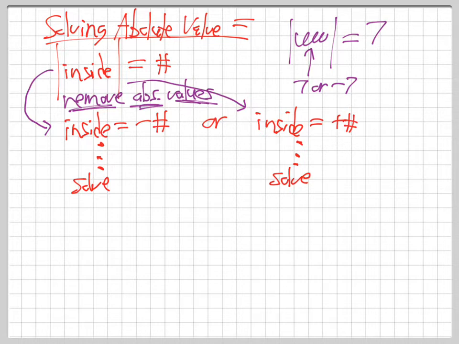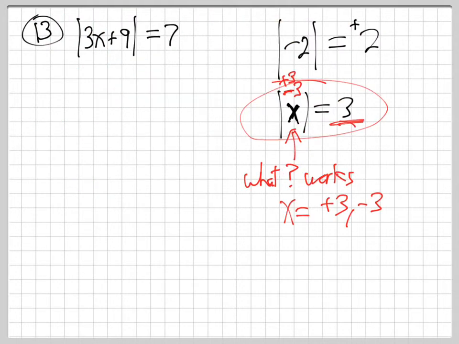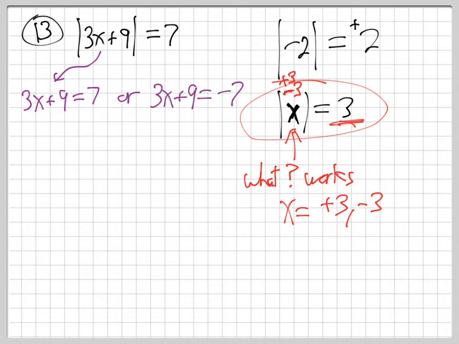We good on that? So it just means that the inside has to be 7 or negative 7. And then the equation will be made true because the absolute values will turn it back to positive 7, whatever it was to begin with. So that's the idea. That's the steps we're going to take every time we get an absolute value equals problem. So getting back to this one, I take that inside, and I say, okay, inside you can be 7, or inside you can be negative 7.